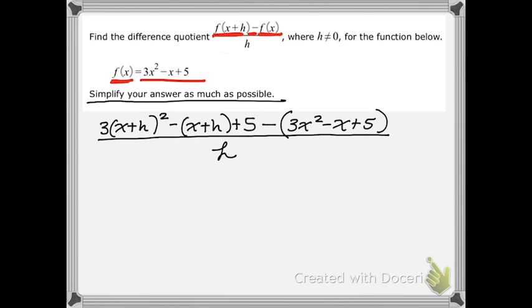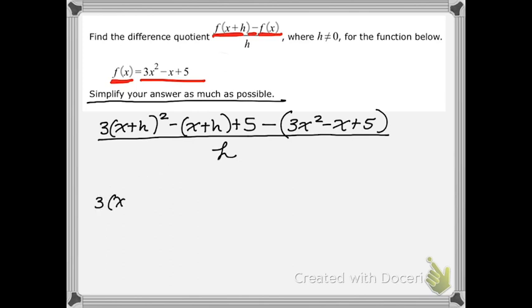And in simplifying an answer, there are some pitfalls for students. This first part here is 3, and I'm going to go x squared plus 2hx plus h squared. There are some students who will just want to do x squared plus h squared. But remember, there's a FOIL here, and there's this middle term, 2hx. And then I've got minus, all right, this is getting a little cramped here, so let's give ourselves a little bit more space.